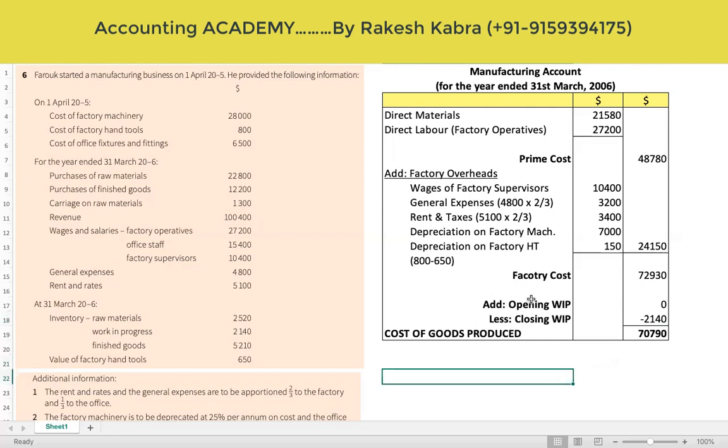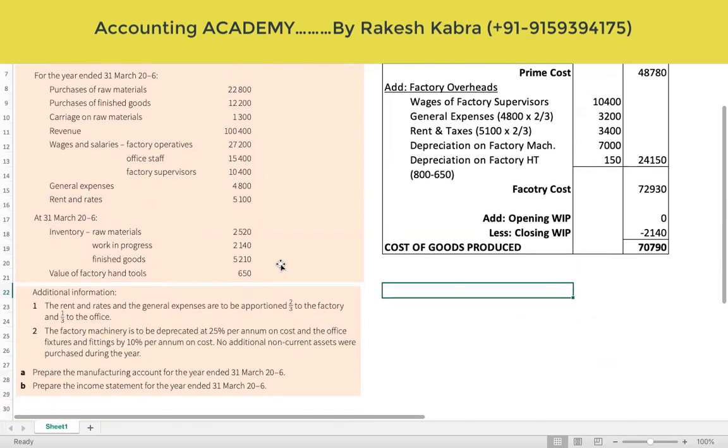The way I added opening WIP here, though in the question there is no opening WIP, this closing WIP will become opening WIP for the next year. So when I prepare the manufacturing account for the next year, I will add opening WIP 2140. Any doubt in this solution? No. So we are done with requirement A.